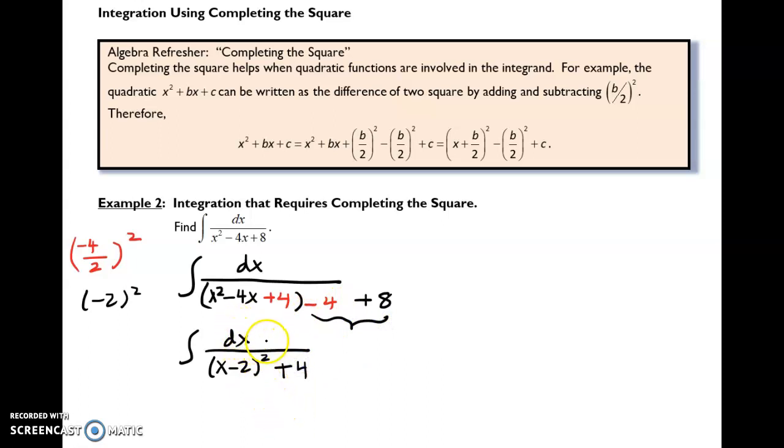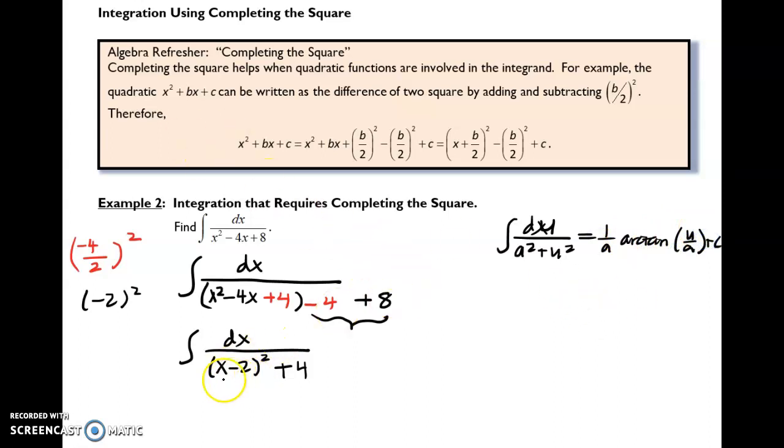So I have the integral now of dx over x minus 2 squared plus 4. This is a format we should recognize. It's the inverse tangent. So remember when we have dx over a squared plus u squared, sorry, that should be a du, our formula was 1 over a arctan of u over a plus c.